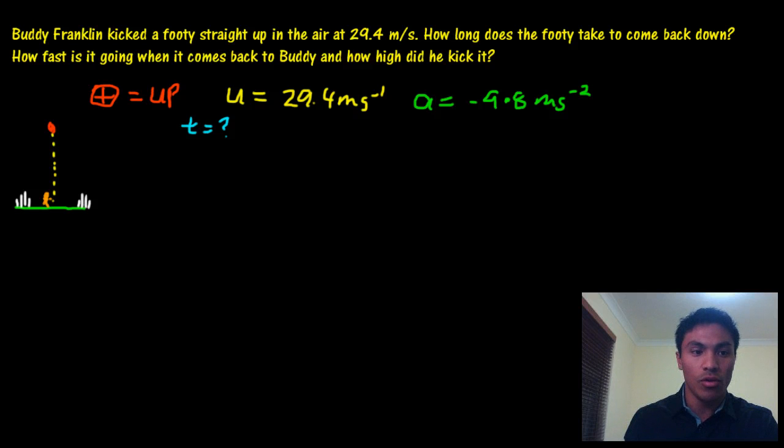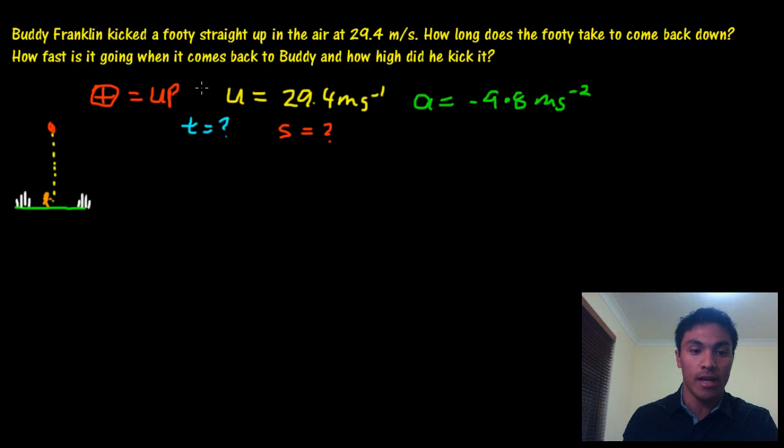We want to also find out the displacement of the ball at the maximum height. So at the end of the actual motion, because he's going to kick it up, it's going to get to a maximum height and it's going to come back down. At the end of the motion, the displacement, this should be logical. The displacement is going to be 0 because it came back to where it came from. So the displacement is going to be 0 over that period of time of the motion.